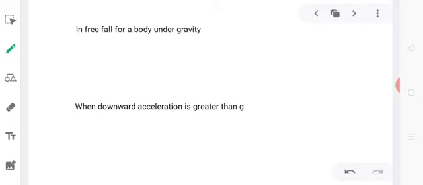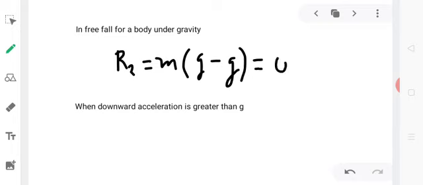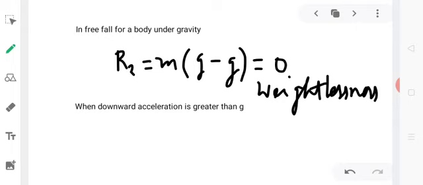So, once more, I would like to discuss these two situations. In case of free fall for a body under gravity, R2 will be equal to mg minus mg, that is equal to 0, which refers to the situation of weightlessness.